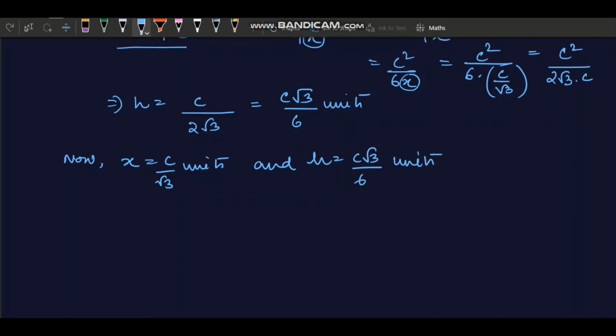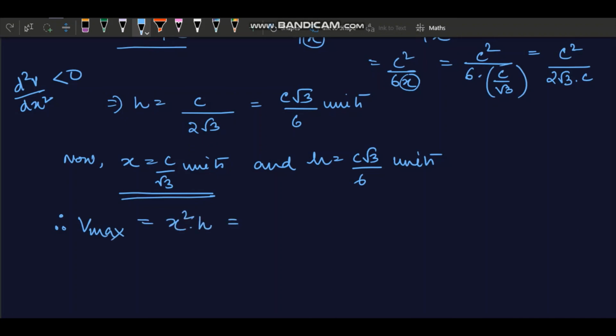So we have seen that for this particular value of x, the volume is maximum. Why? Because the second order derivative, that is d²V/dx², was negative, right? So just substitute in place of the formula for volume to get the maximum volume. So what do we get? We get V max, that is maximum volume, and this is given by x² into h.